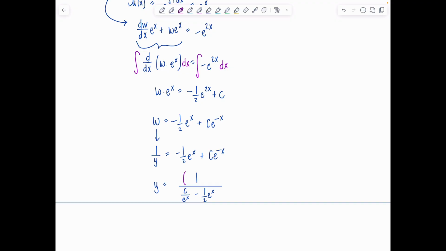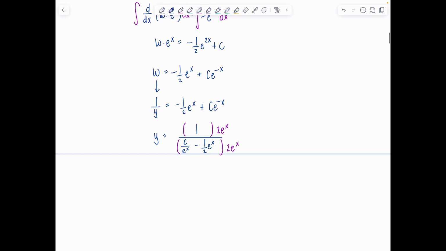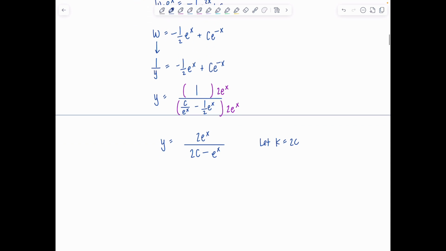So I'm going to multiply everybody by 2 e to the x, and then we're pretty much done. So y equals 2 e to the x over, this will be 2c minus e to the x, and then we can redefine c. So let's let k be 2c, just so it looks so beautiful and clean. So y equals 2 e to the x over k minus e to the x. Boom. There's your final answer.